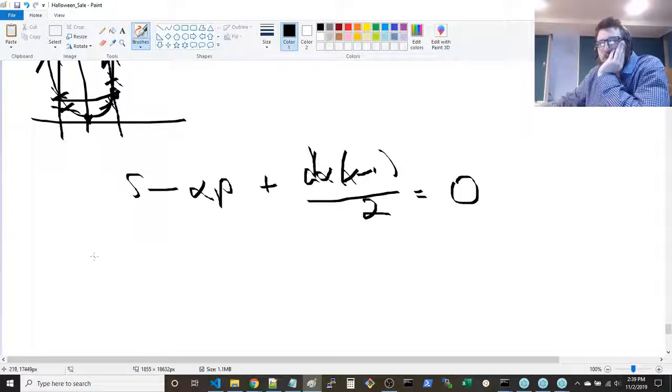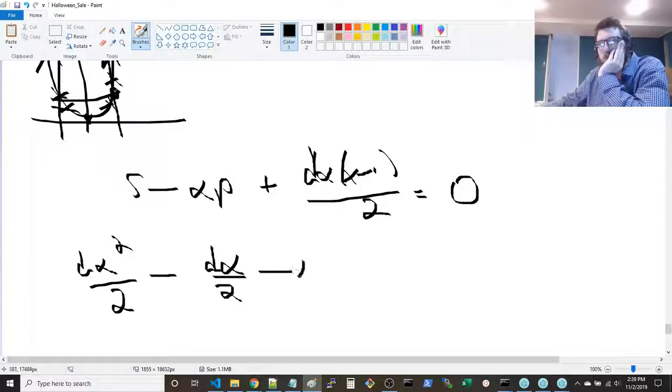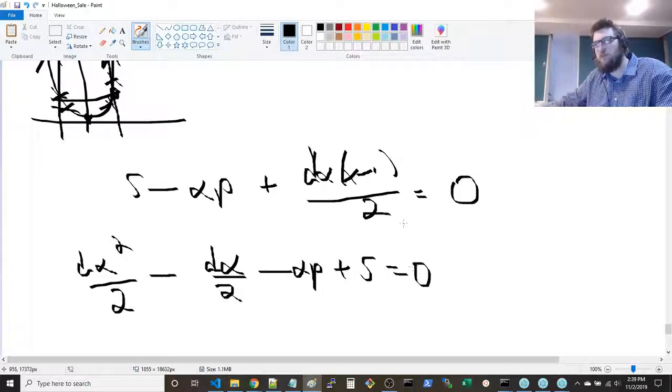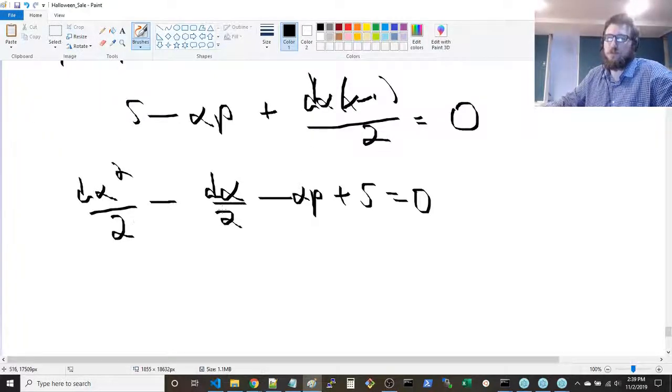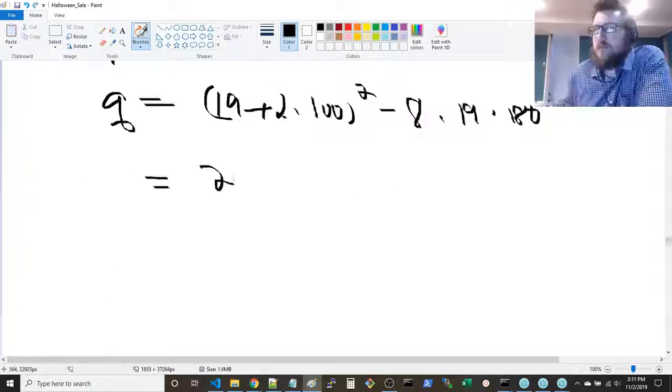This gives us D alpha squared over 2 minus D alpha over 2 minus alpha P plus S equals 0. And now what we want to say is you can multiply through by 2 and divide by D as well.